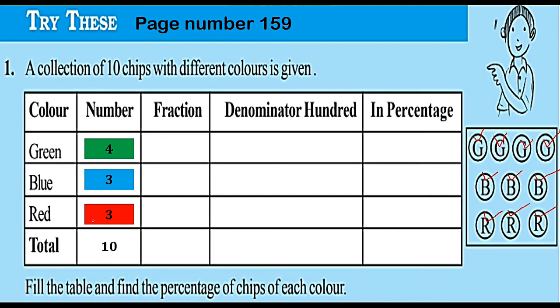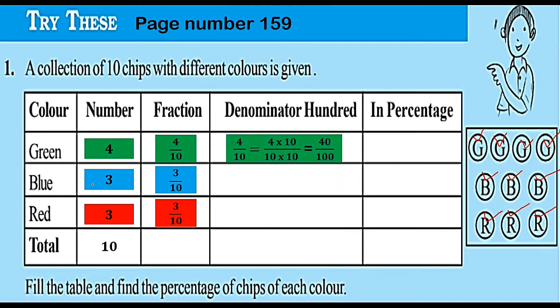Now in fraction. First I will take green. So it is 4 out of 10. Blue is 3 out of 10. Red is 3 out of 10. Next is denominator 100. So to make denominator 100, I'll take it as 4 upon 10. To convert to 100, I'll just multiply the denominator with 10.